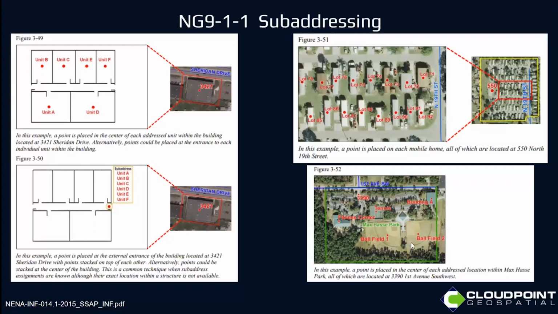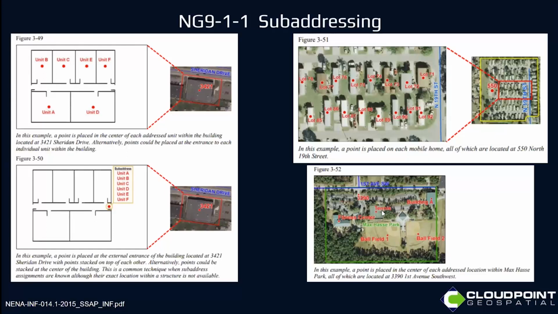Lastly, in this bottom right, we have a slightly different use. So we're using a different subaddress field. Again, this is for 3390 First Avenue Southwest. And we have multiple areas.